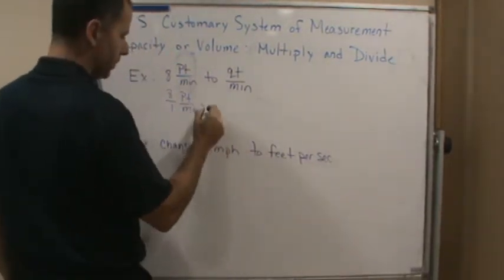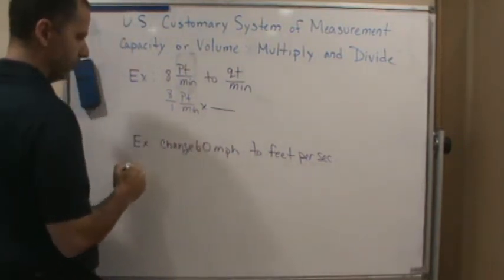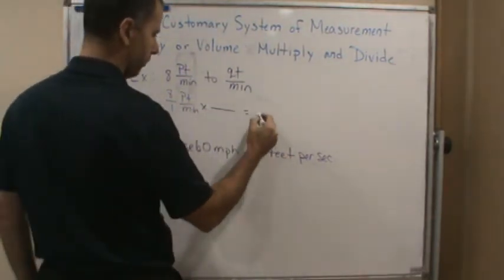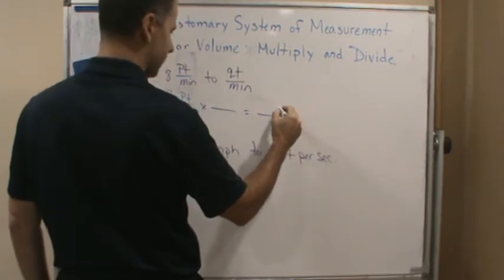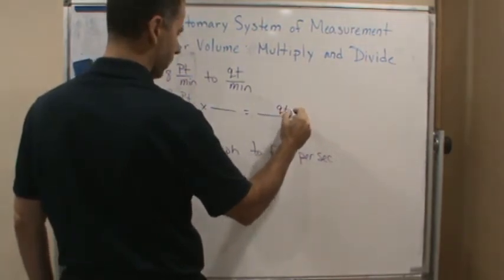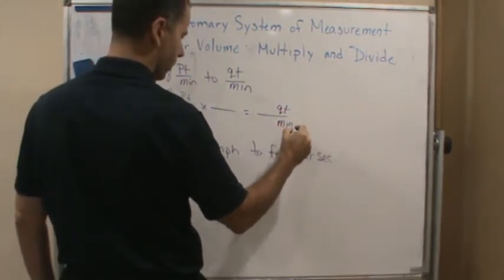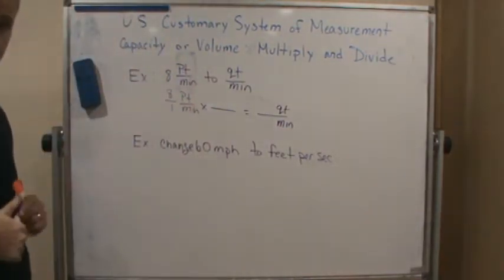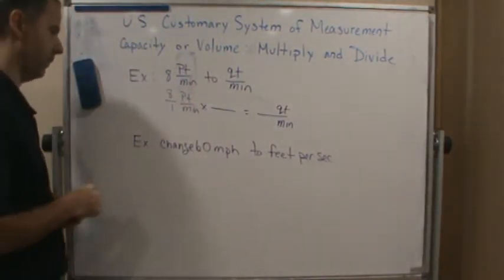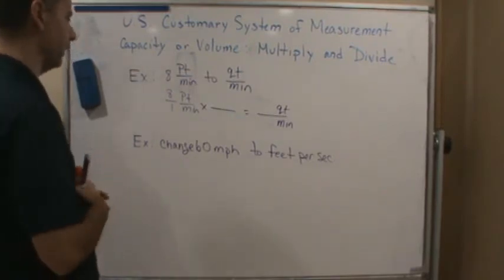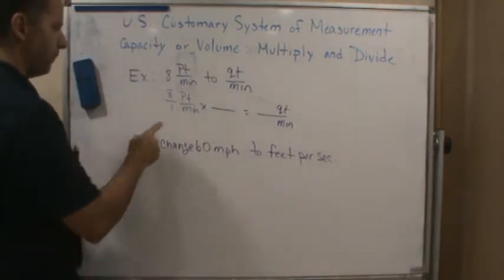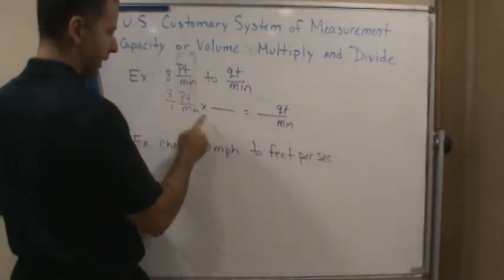So I have to multiply by something that's going to end up giving me quarts per minute. So let's do some dimensional analysis.